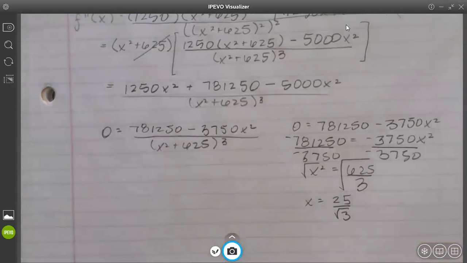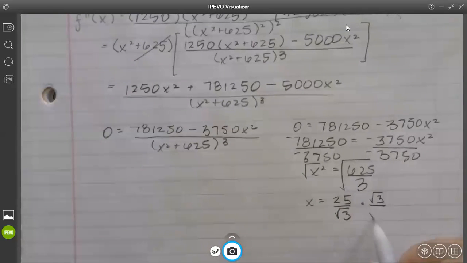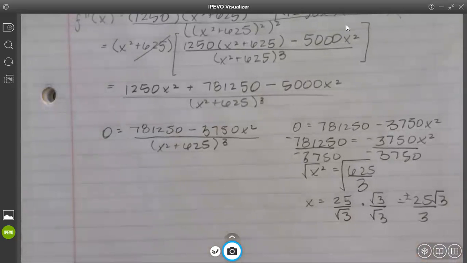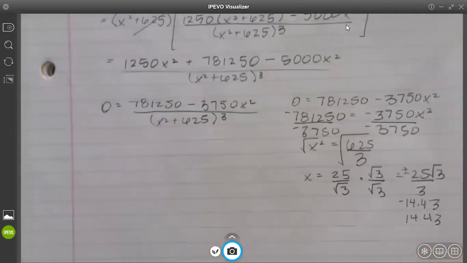How do I fix this so it doesn't have a square root of 3 on the bottom? And then also don't forget that there are 2 answers, plus or minus 25 square root of 3 over 3. These decimals are negative 14.43 and positive 14.43, which may help you with your intervals.